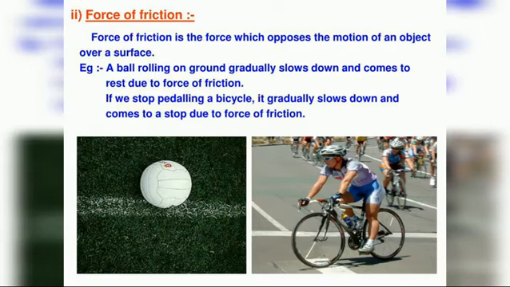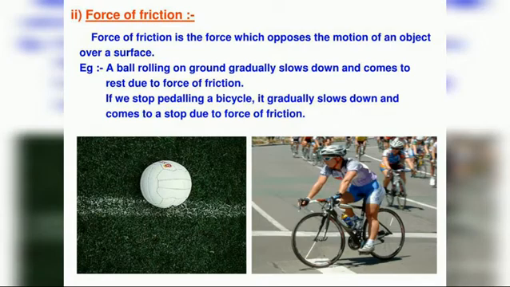Now one more contact force is the force of friction. Force of friction is a force which opposes the motion of an object over a surface. For example, a ball rolling on the ground gradually slows down and comes to rest due to the force of friction.